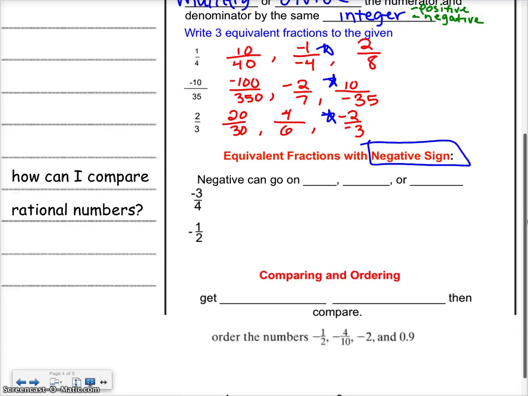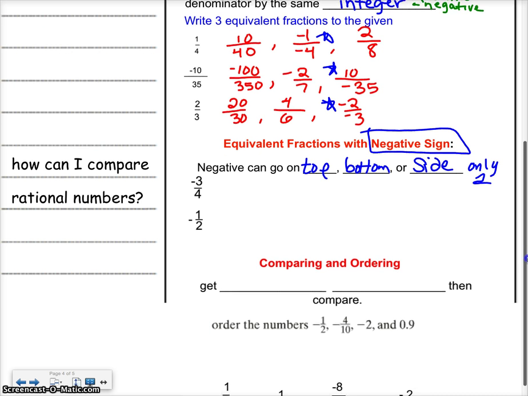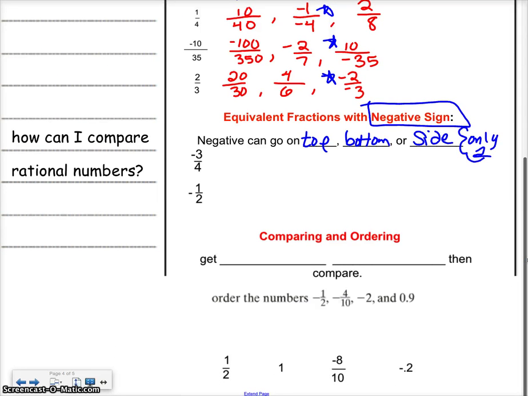Here's the thing about the negative. It can go on the top, it can go on the bottom, or it can go on the side. The key thing is that there's only one. Because if there's 2, it cancels out and you're left with no negatives. So that's the key thing.